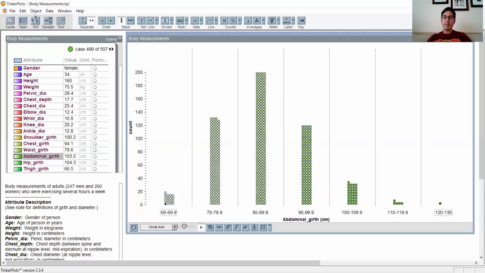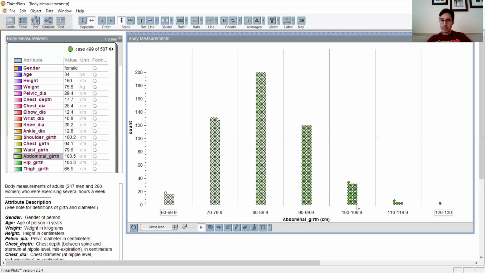Anybody whose abdominal girth is from 60 to 69.9, just below 70, is in the first bin, and then 70 to 79.9 in the next bin, and so on. Now that the dots are binned together like this, and you can see that they're almost forming bars, we can figure out how many people have abdominal girths above 100.